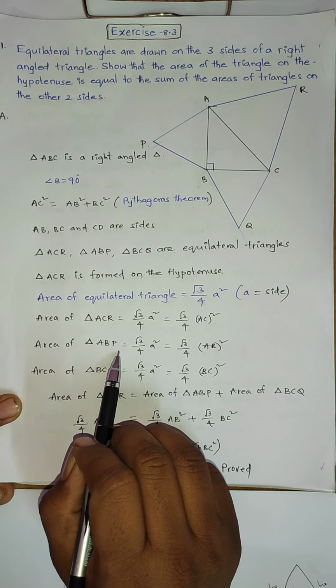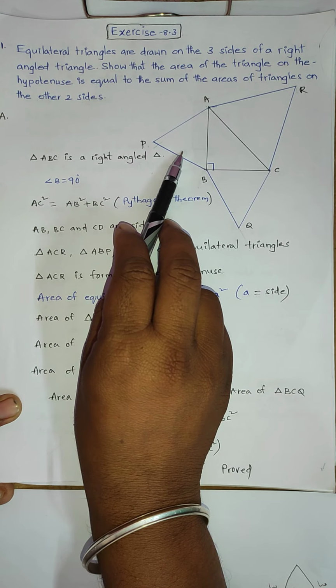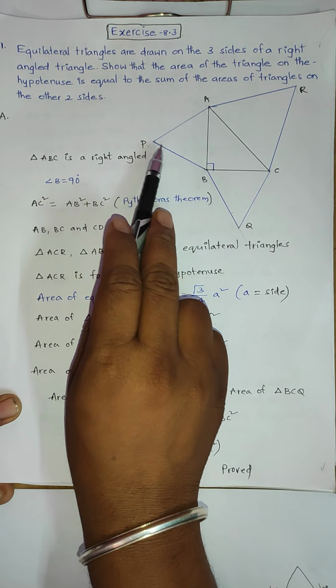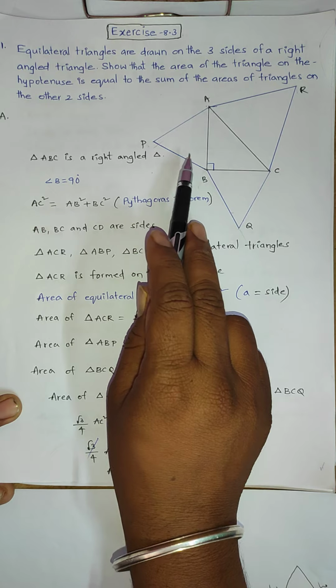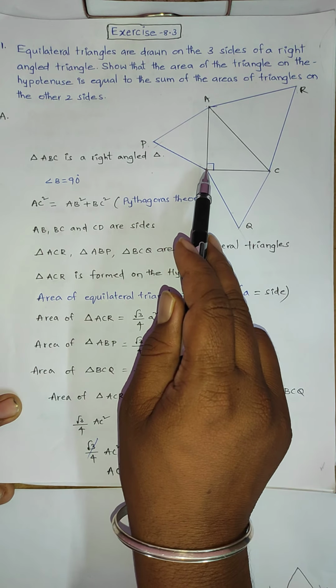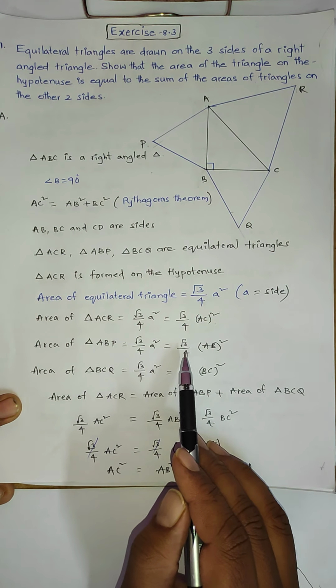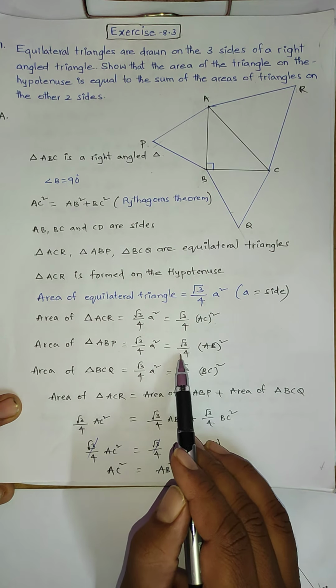Area of triangle ABP: we don't know the length of the side, so we write the length of side AB: root 3 by 4 AB square. Area of BCQ: all sides are equal, so root 3 by 4 BC whole square.